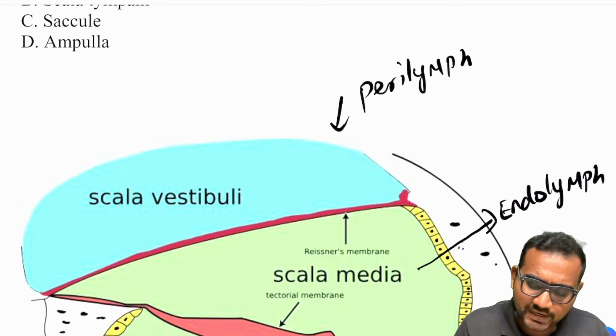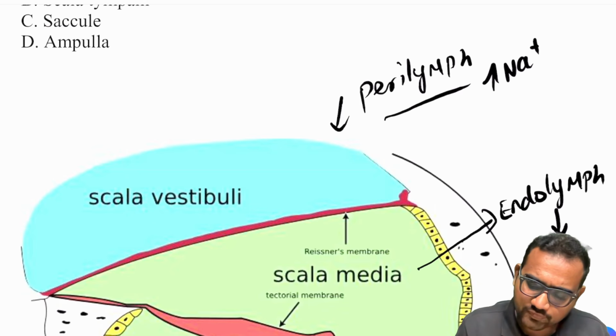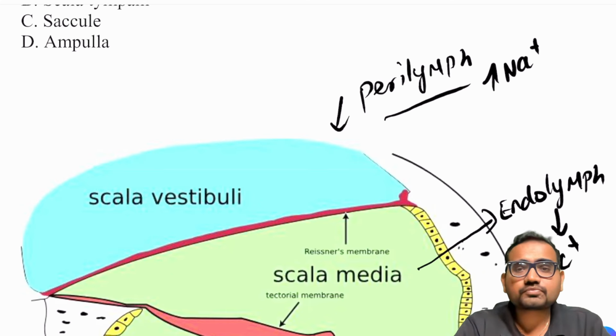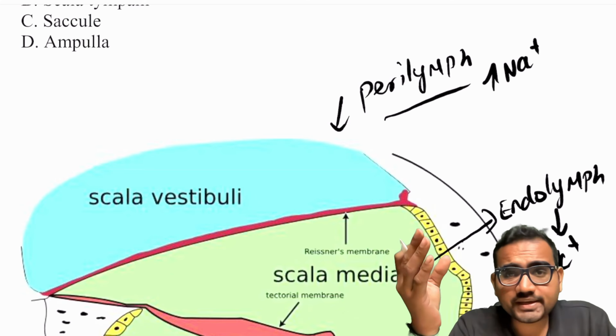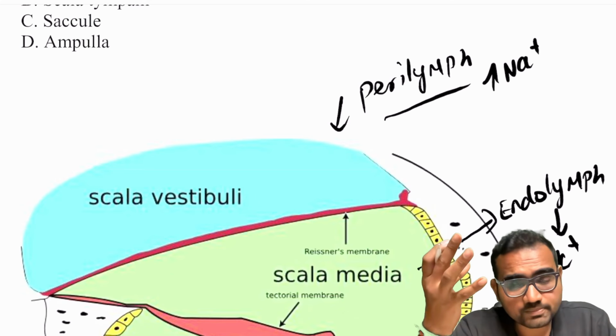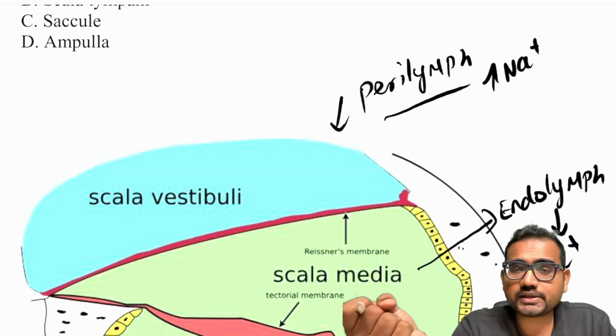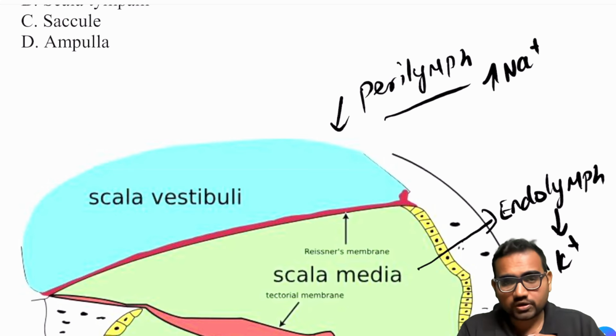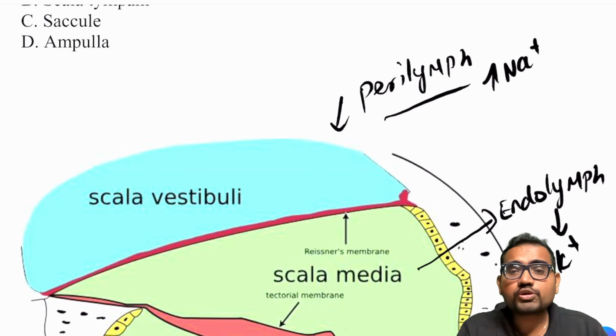Perilymph is rich in sodium, and endolymph is rich in potassium. Once the vibrations perceived by the external auditory canal and middle ear reach the cochlea, they are converted into fluid waves.